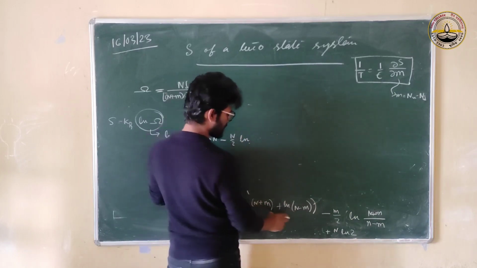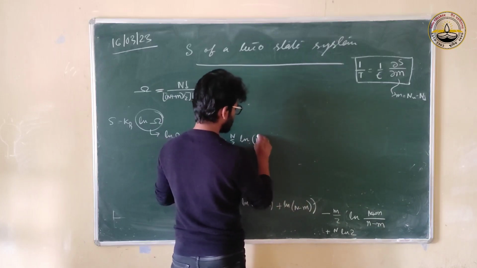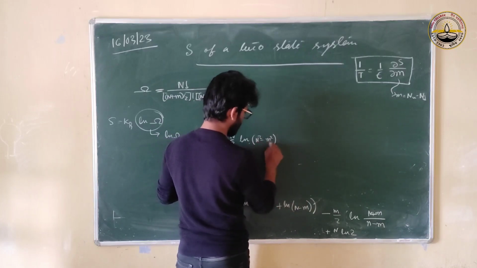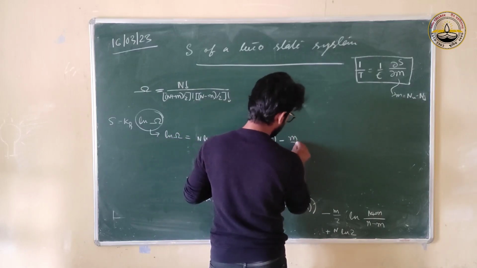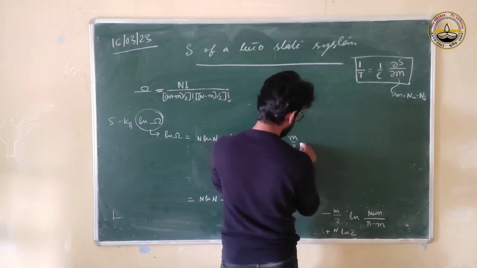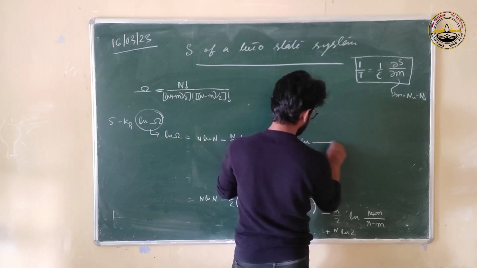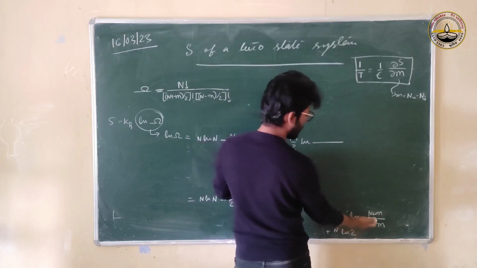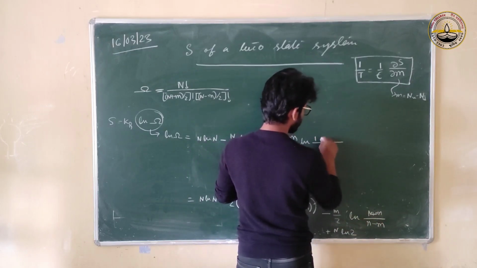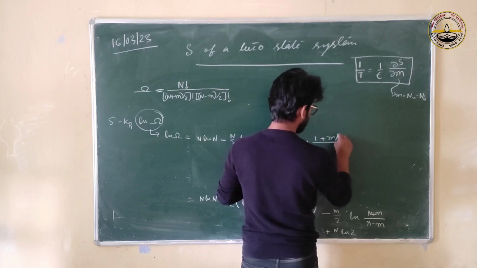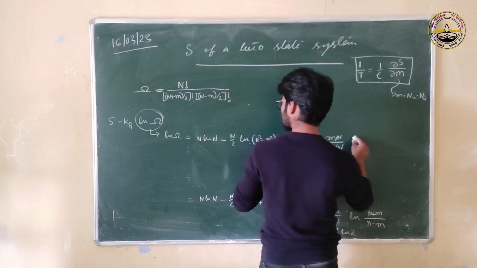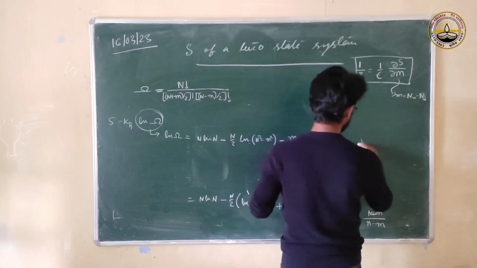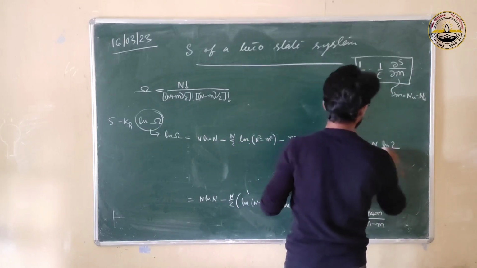So log of (n plus m) into (n minus m), that is n square minus m square. Okay, and this is m over 2 ln, let's write it as I divide by n. So I get this, so 1 minus this by this, right? And then I have plus n log 2.